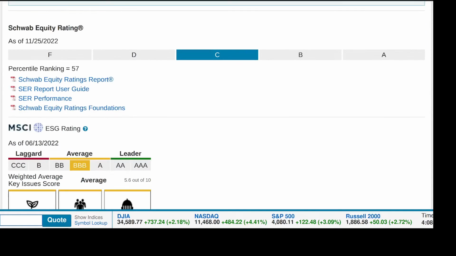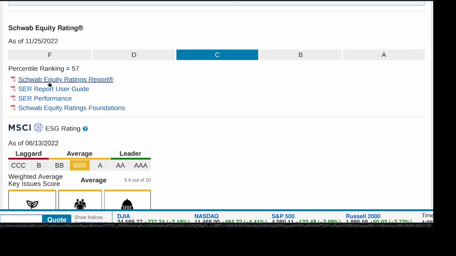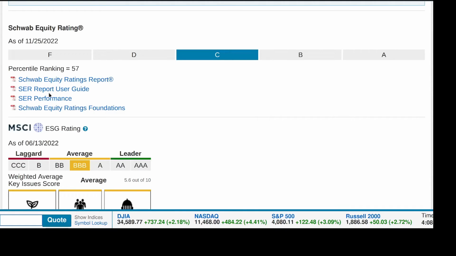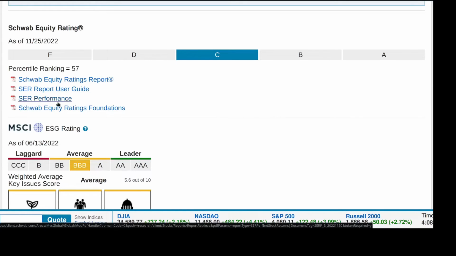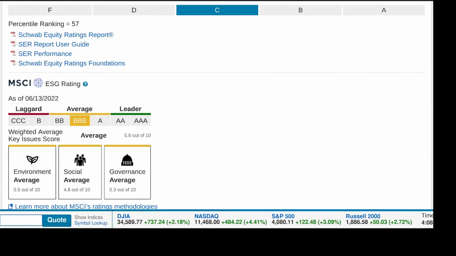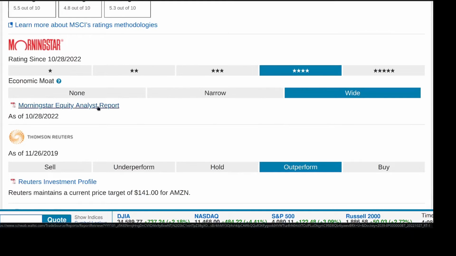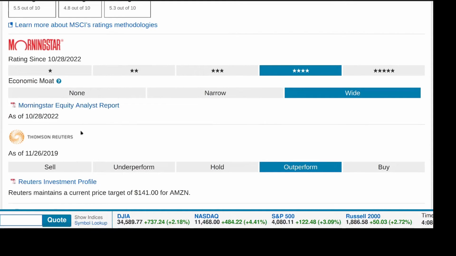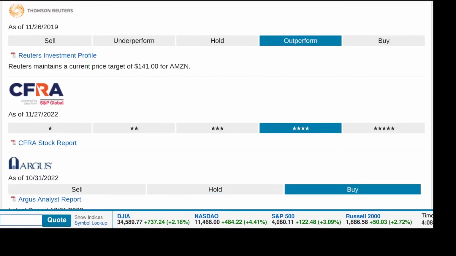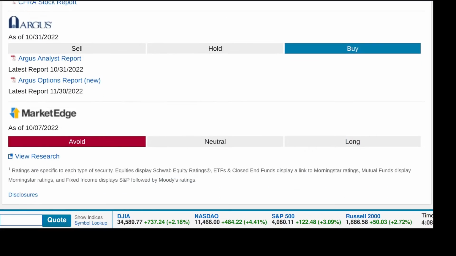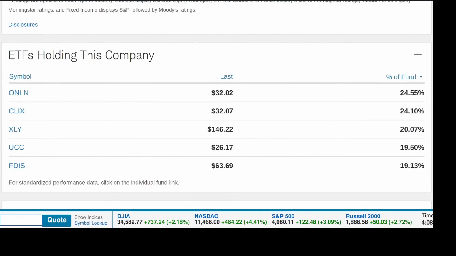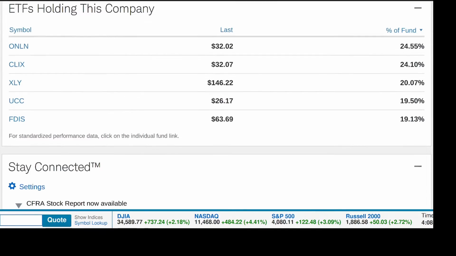Then you see here that we have 4 different research reports that you could click on and get for free, whereas Vanguard only gave you 2. And you've got a Morningstar rating here automatically. There's a Morningstar report and a Reuters report, so that's sick. Actually, there's probably like 7 or 8 research reports on Amazon.